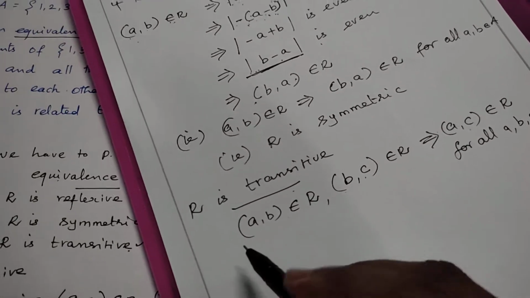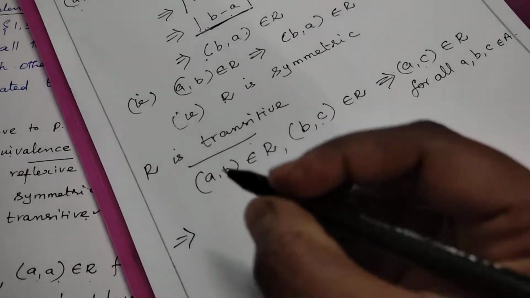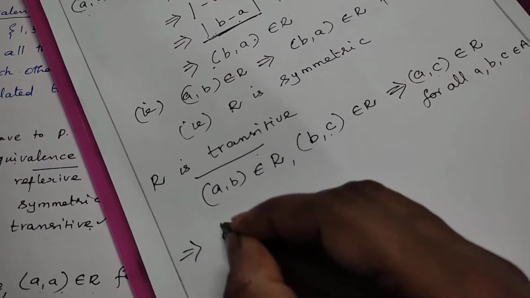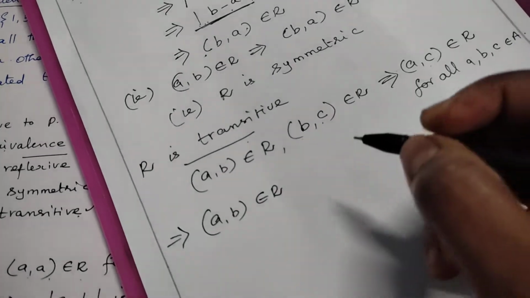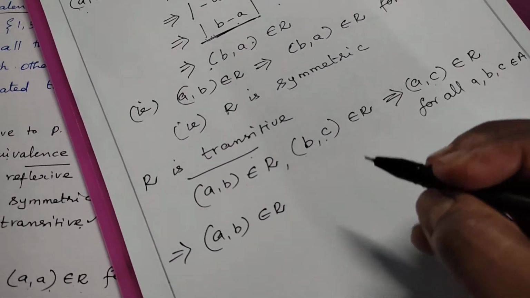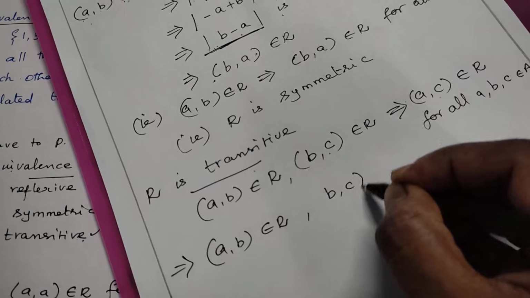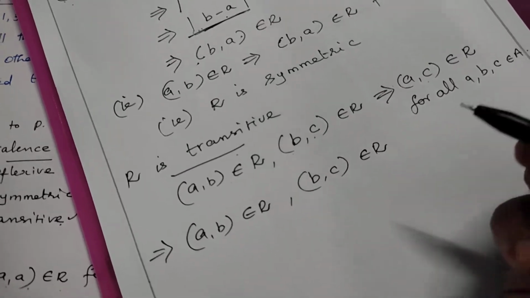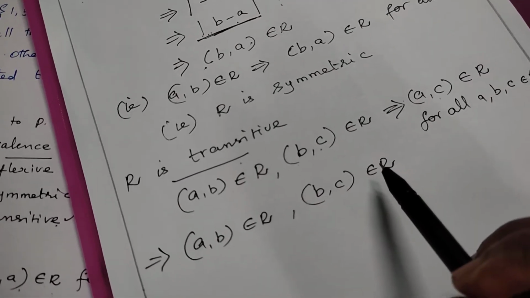So here we take A comma B belongs to R, and B comma C also belongs to R. These two exist.